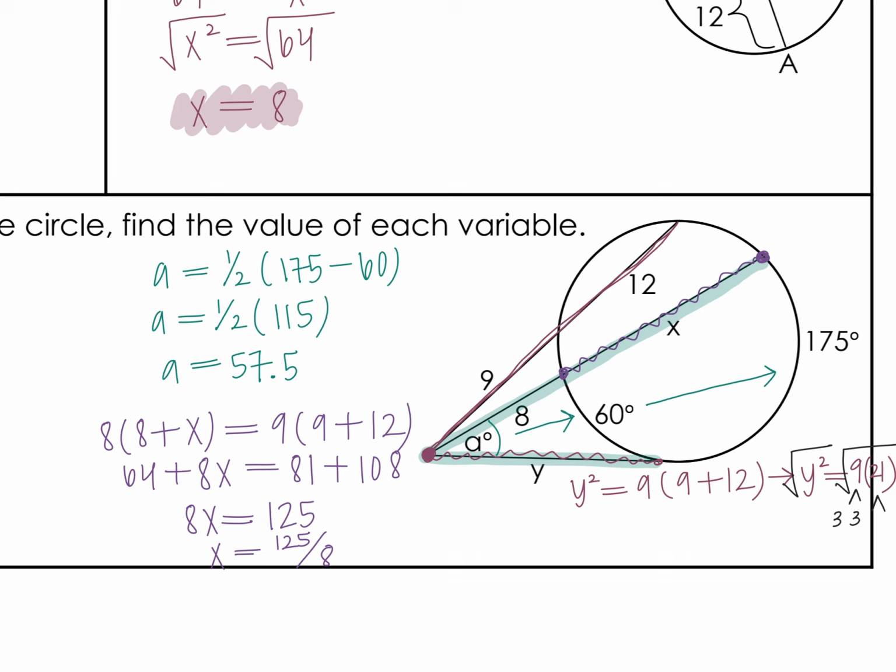My 21 can be broken down into 3 times 7. I have a pair of 3s that I can pull out, but I'll have that 3 and that 7 left underneath. And so therefore my y is going to be equal to 3 square root of 21, multiplying back together that 3 times 7.